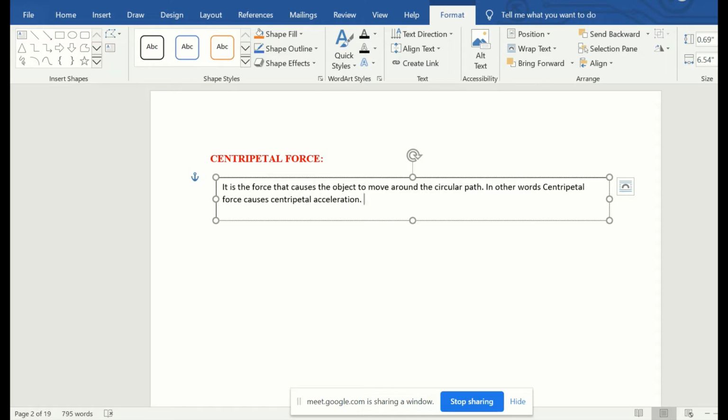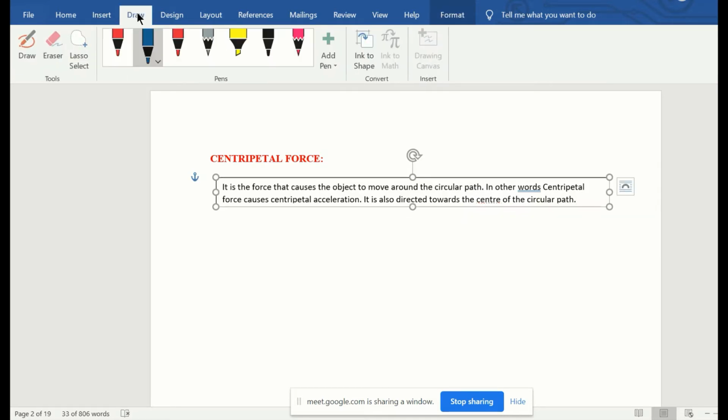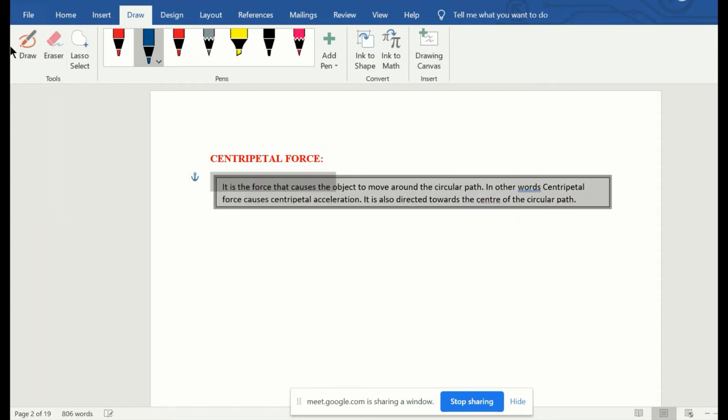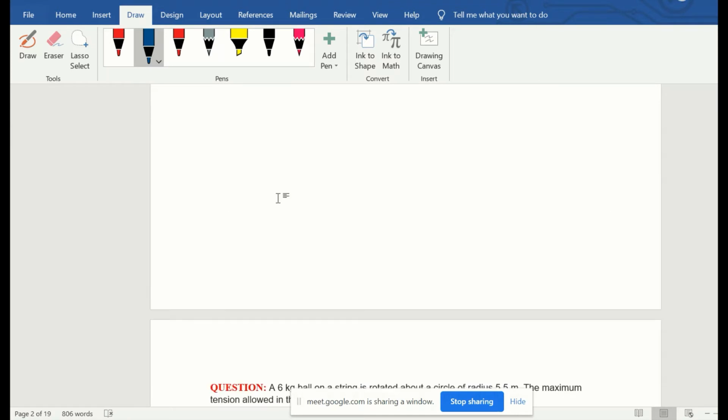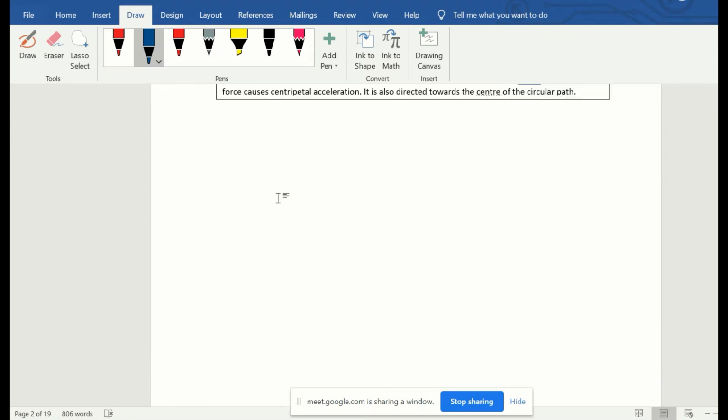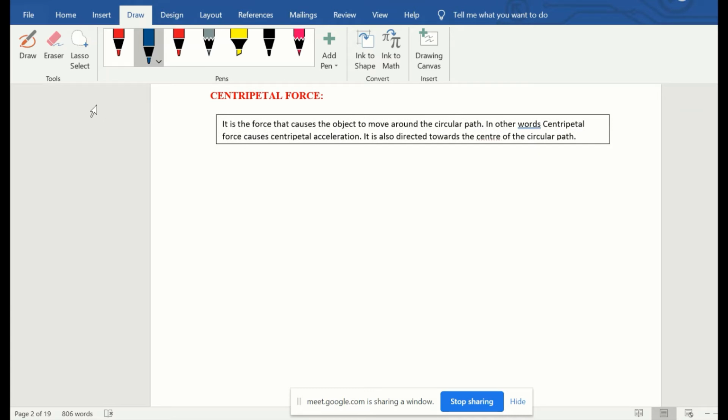And please note again, it's called centripetal, which means that it is also directed towards the center of the circular path. So this is the concept of centripetal force and centripetal acceleration.